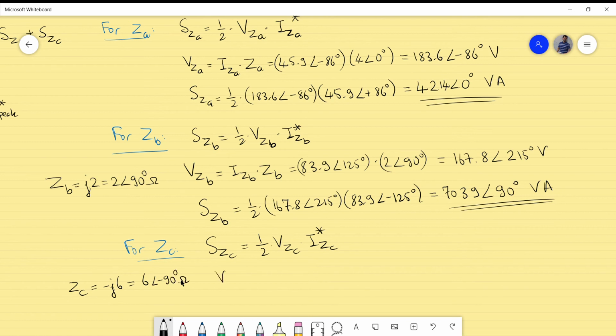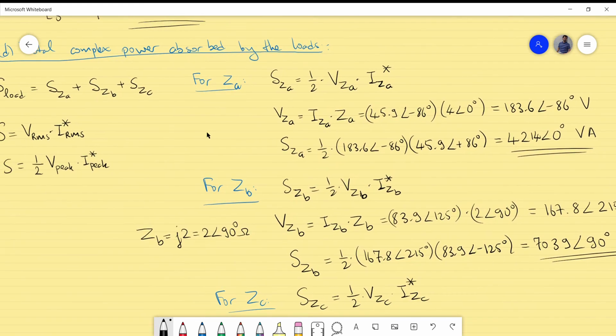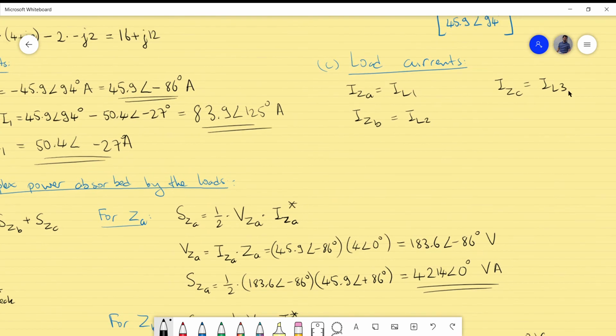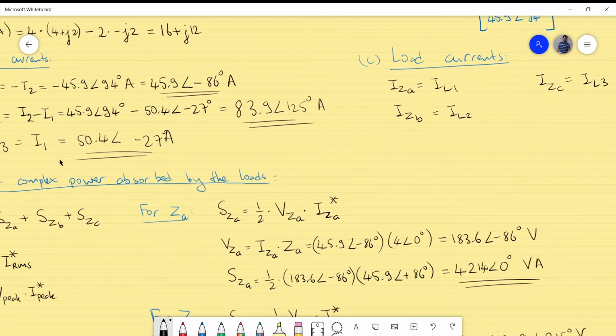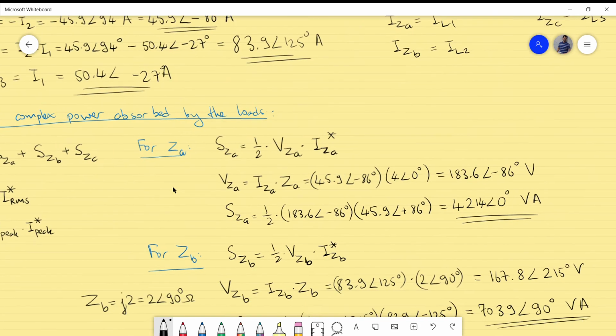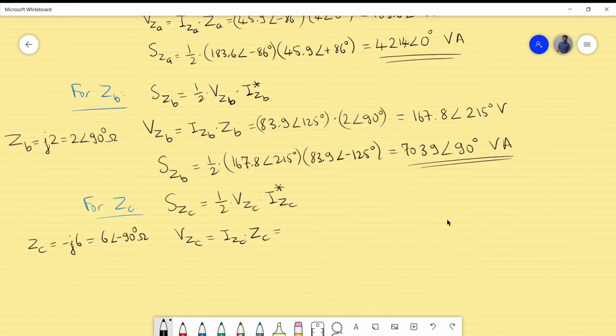So the voltage V_ZC will be I_ZC times Z_C. And I know I_ZC, which is shown here, because I_ZC is I_L3, and I_L3 is this one.